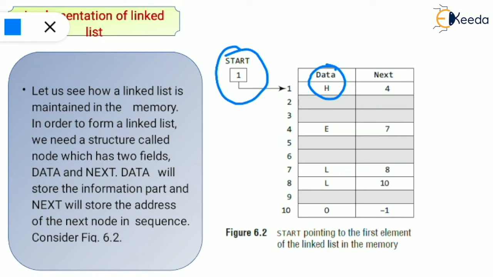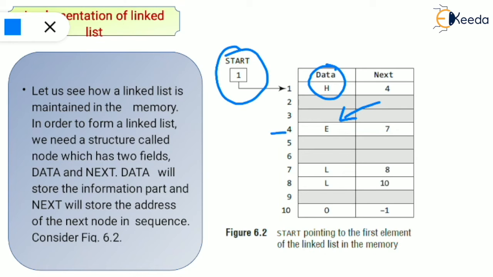Like we already discussed, 4 is the location of the next element, that is E. So we are storing E in the 4th location, because we already mentioned in the first node itself that whatever element is coming after H, we are storing in the 4th location.